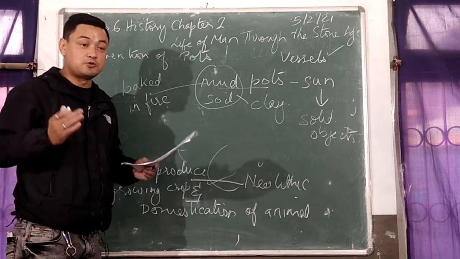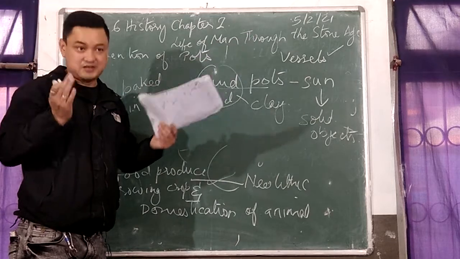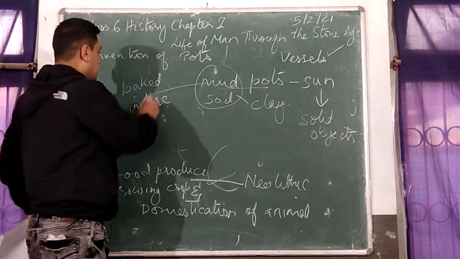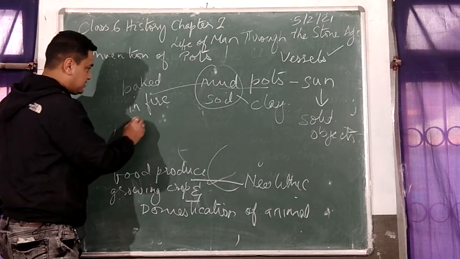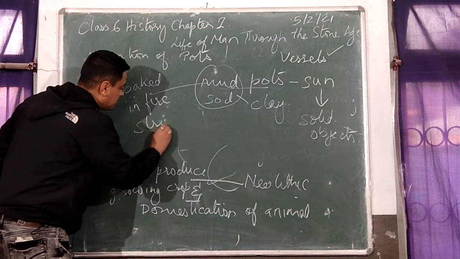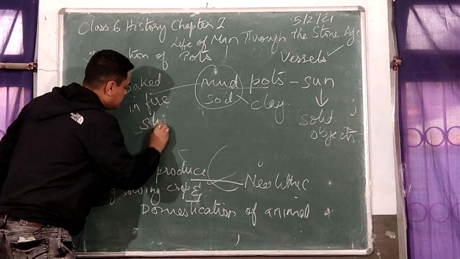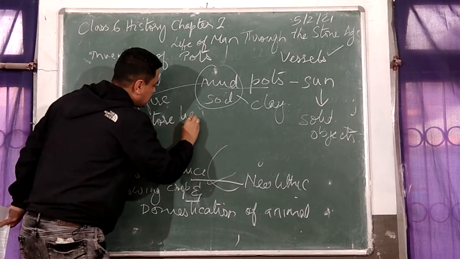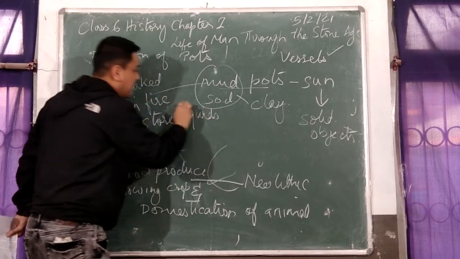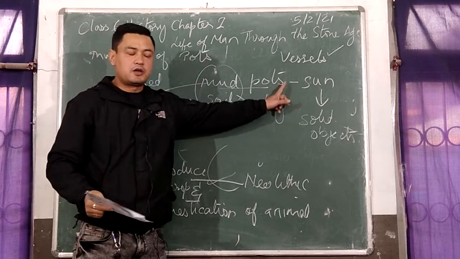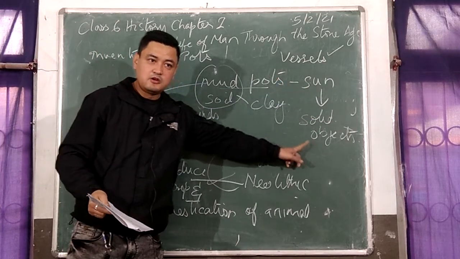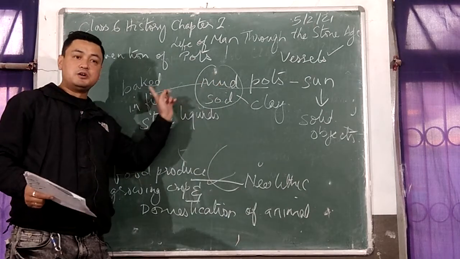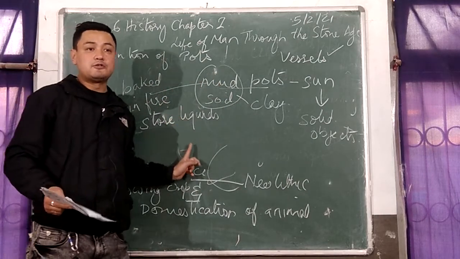Water can be stored in a mud pot. So, the pots which were burned in fire can store liquids. Remember that. If the pot is dried in sun, it can store solid. If the pot is burnt in fire, it can store liquid like water.